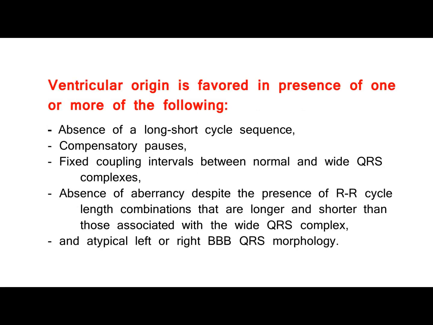Ventricular origin is favored in presence of one or more of the following: absence of a long-short cycle sequence, compensatory pauses, fixed coupling intervals between normal and wide QRS complexes, absence of aberrancy despite the presence of RR cycle length combinations that are longer and shorter than those associated with the wide QRS complex, an atypical left or right BBB QRS morphology.